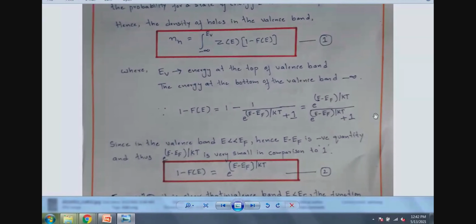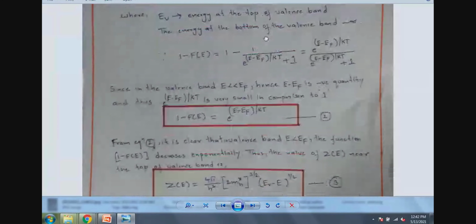On simplification, you get this. Here e to the power of (E minus EF) by kT is very much less than 1, so you can omit the denominator, not the numerator.